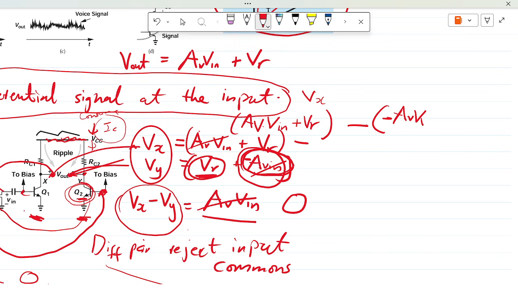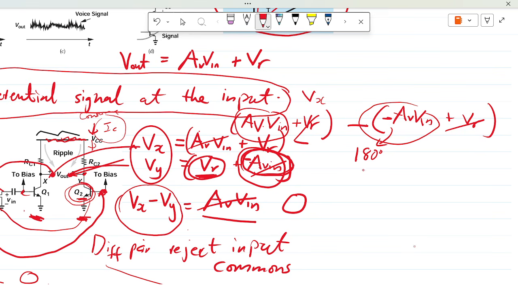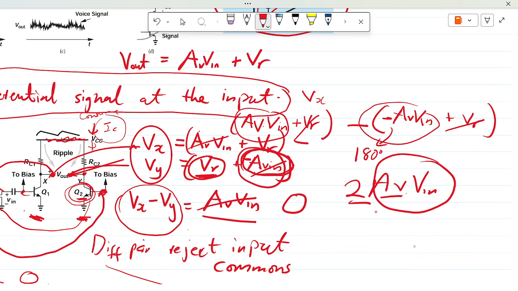So this negative simply means the output signal has been shifted by a phase of 180 degrees, plus Vr, and in that case the noise will be cancelled out, and we are going to have the output signal being 2 A V0, that's the gain times the input voltage. So this is the output voltage, twice what we would have got from a single Vx.